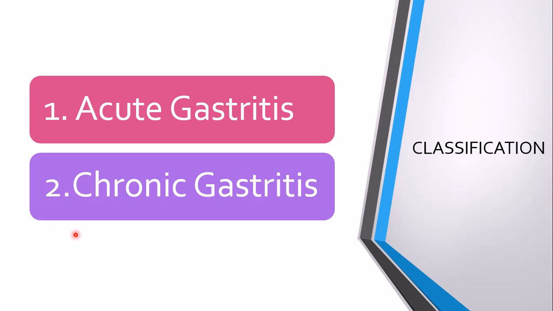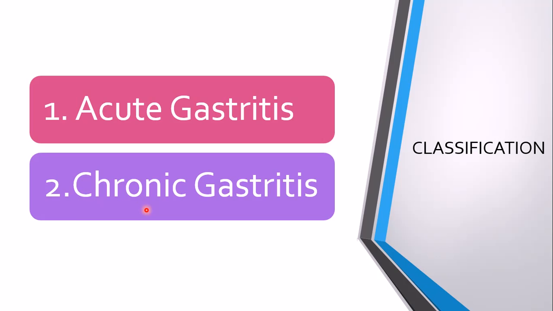Chronic is something which is going to take years and years. So when a person keeps on having gastritis, the person is actually having chronic gastritis, which is to be treated medically and maybe surgically.